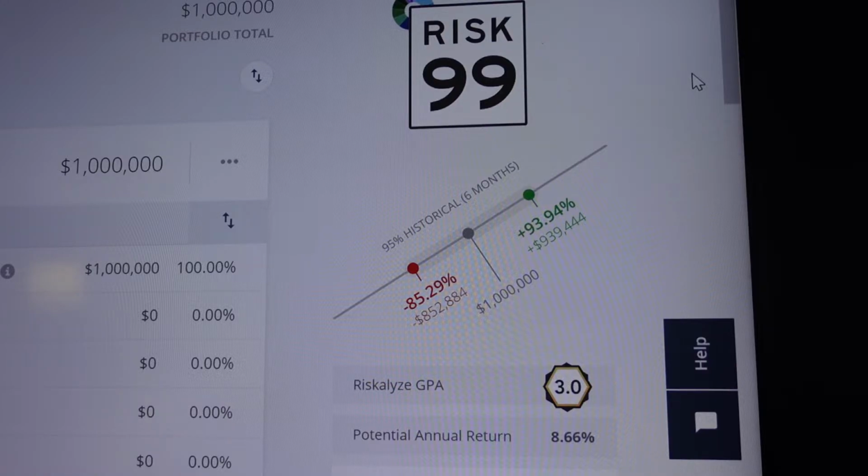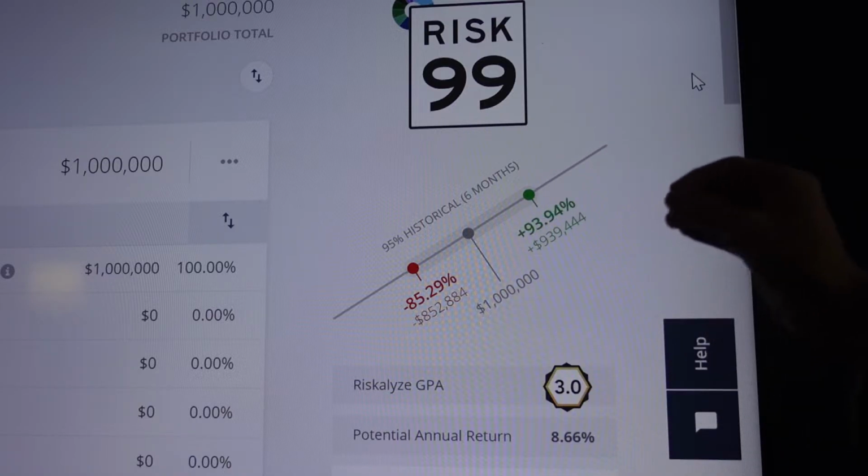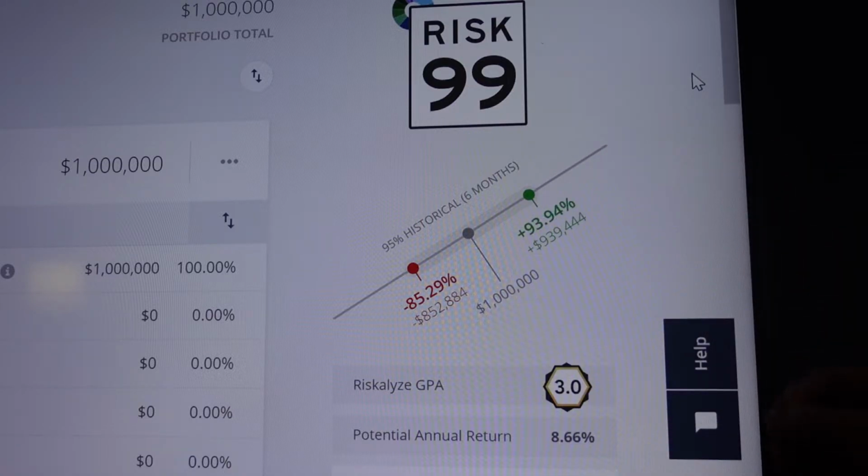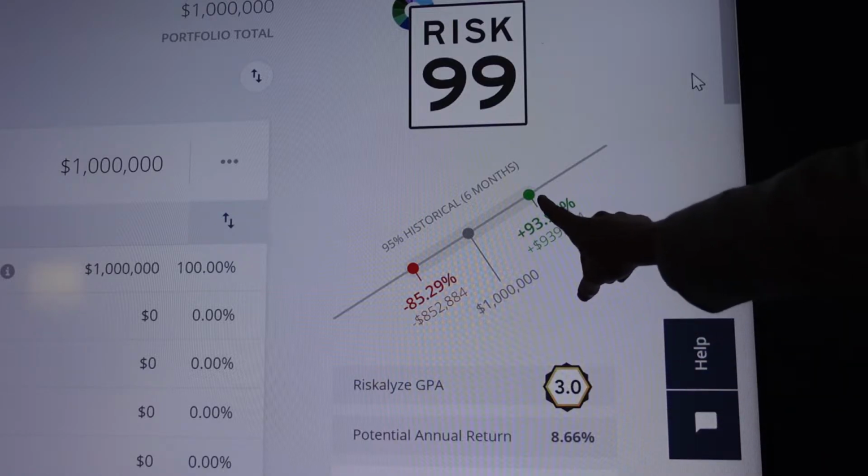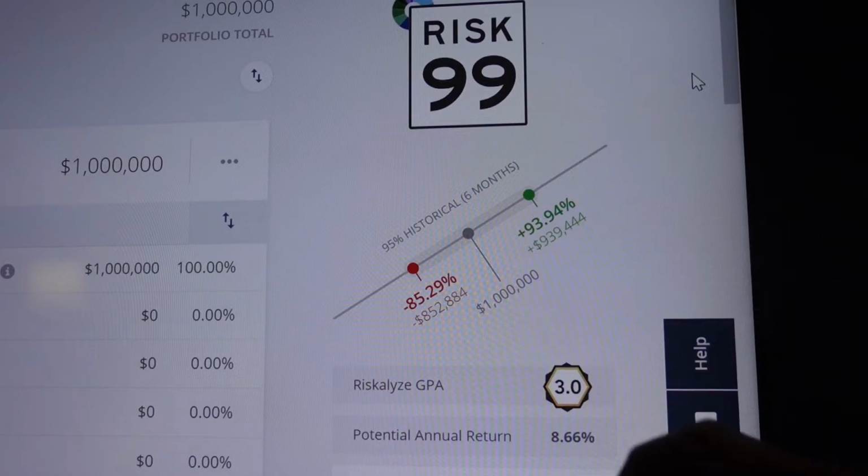Let's pretend that you decided you love Tesla and you're going to put 100% of your $1 million retirement portfolio into Tesla stock. Based on historic performance, you would have a 95% chance that your returns over the next 6 months would fall somewhere in this spectrum.